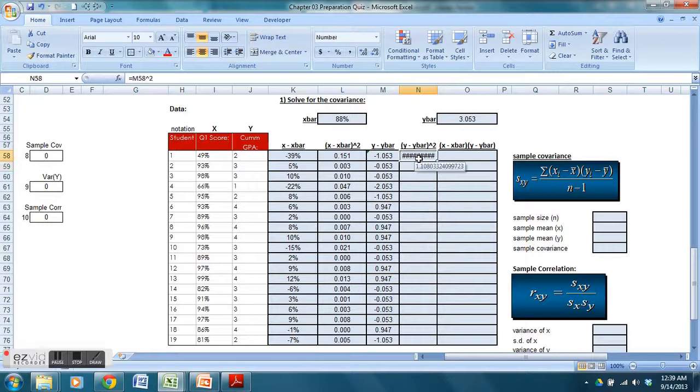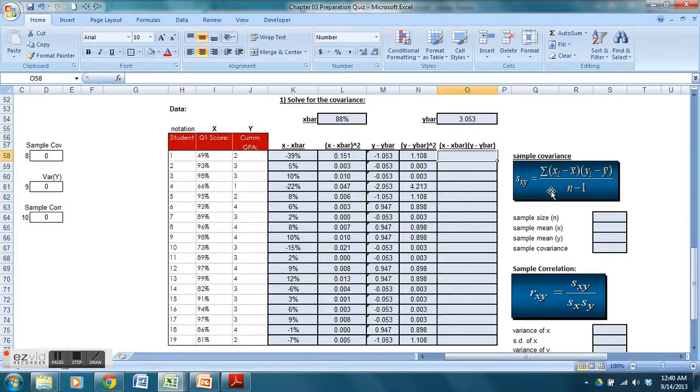Oh, looks like we're getting all these pound signs. Oh, we can see the 1.108 and so on. It looks good. Looks like we just might have to fix some decimal points. So let's do 3 for the heck of it. Copy and paste down. Let's just double check. Oh, yep, looks like it's picking up that cell and squaring it, which is what I want.